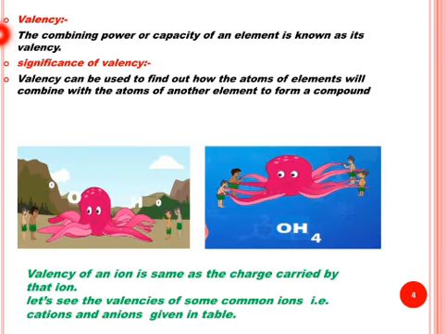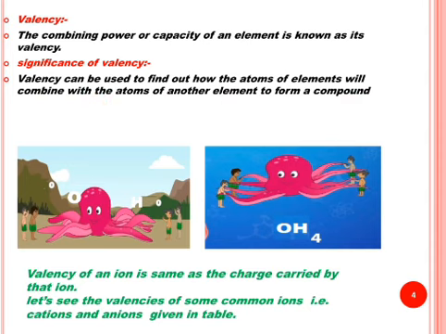Let us see the definition of valency and the significance of valency. The combining power or the combining capacity of an element is known as valency. Valency can be used to find out how the atoms of elements will combine with the atoms of another element to form a compound.